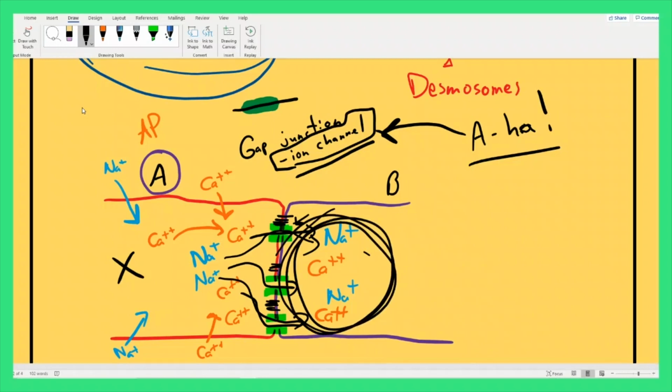A local or a graded potential in cell B. And if enough sodium and calciums come flying into cell B to reach threshold, what does cell B do? Has an action potential.